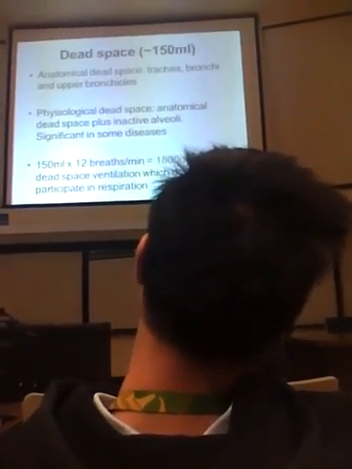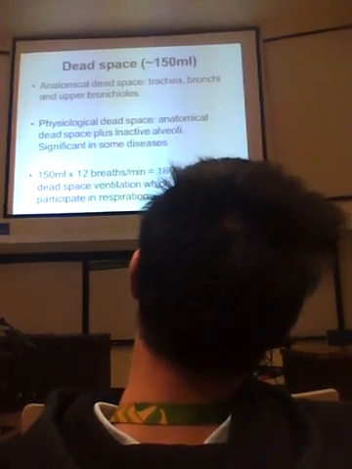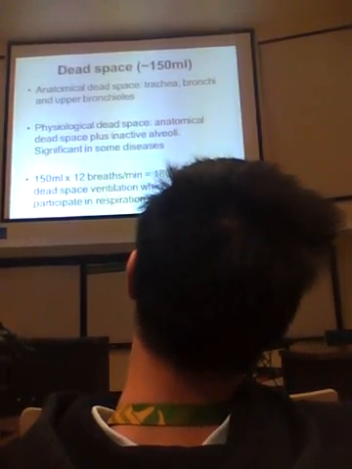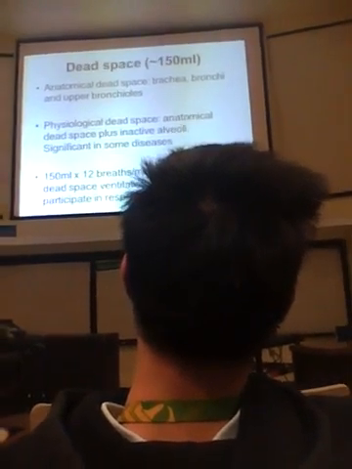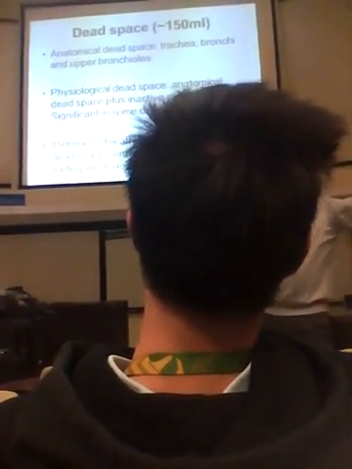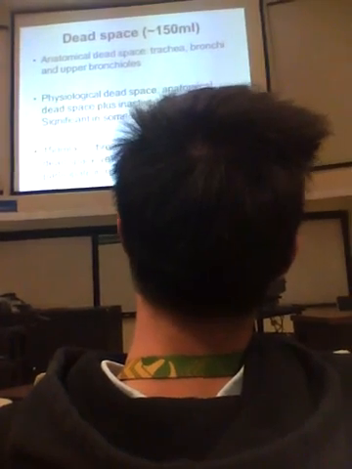Let me just talk about dead space for a minute, because it's a huge part of what you inspire every breath. The anatomical dead space is the trachea, the bronchi, and the upper bronchioles, most of the respiratory tract. If you're young and healthy, that's it. But if you have other physiological issues, the so-called physiological dead space is the anatomical dead space plus the inactive alveoli.